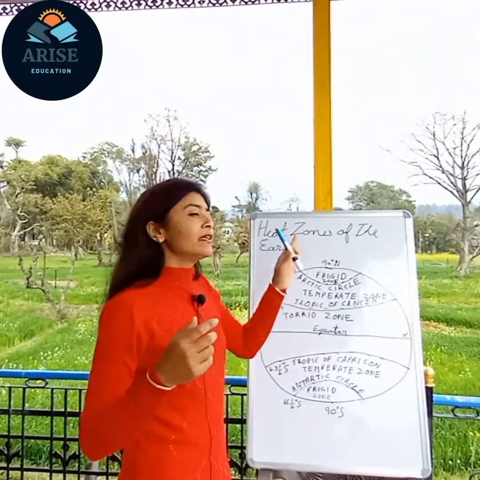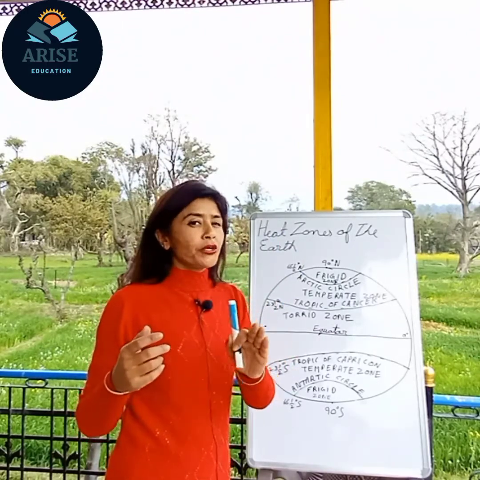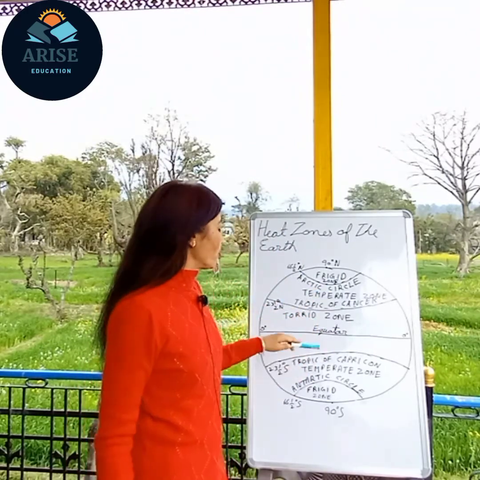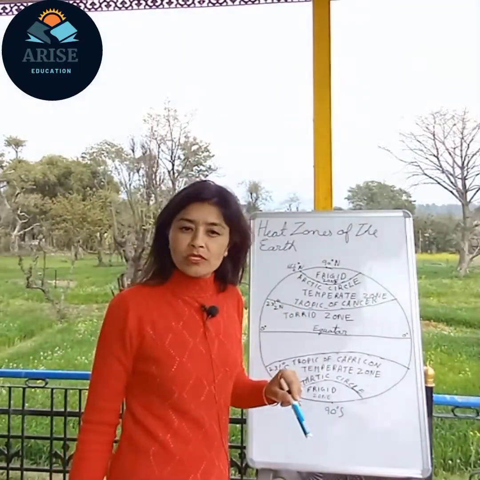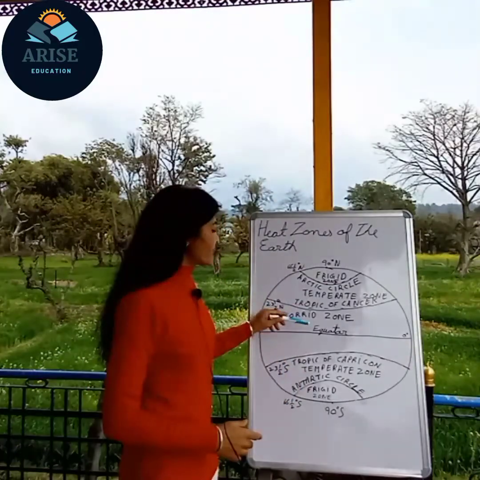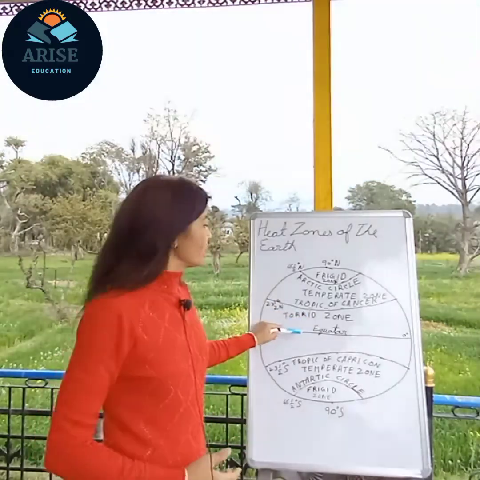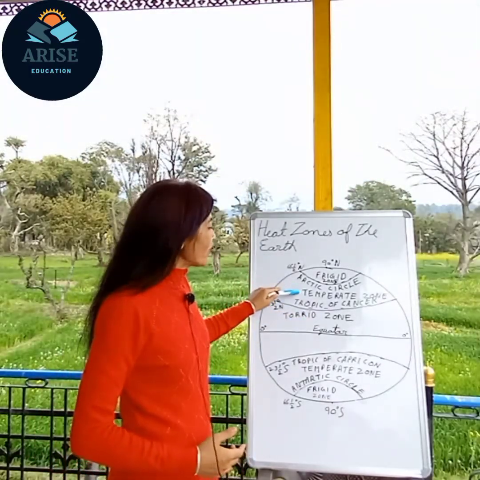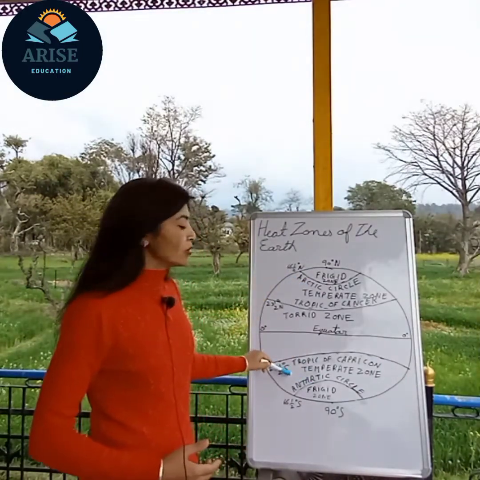And when we divide the heat zones of the world, how do we divide them? According to the latitudes. So we have mainly 5 heat zones on our earth. These 5 heat zones are: number 1, torrid zone; number 2, temperate zone, that is north temperate zone and south temperate zone.